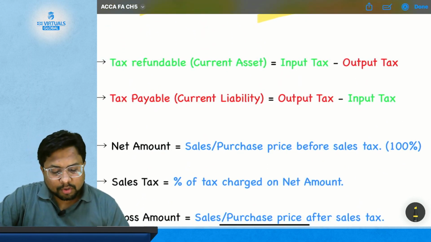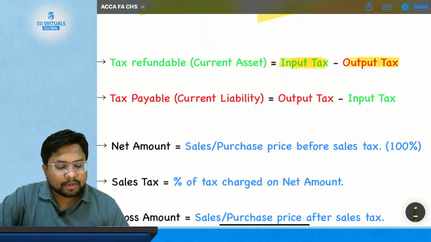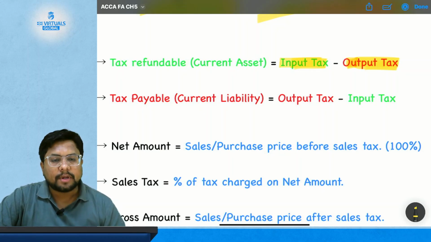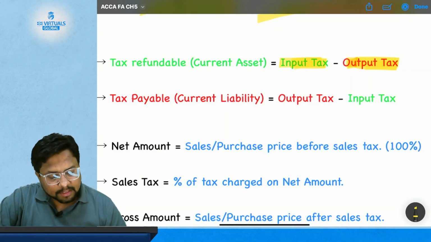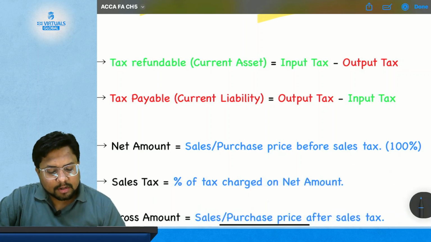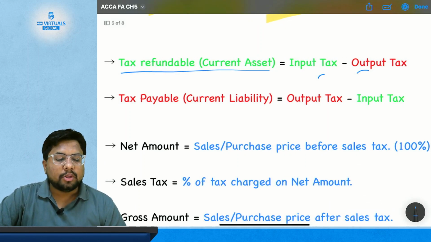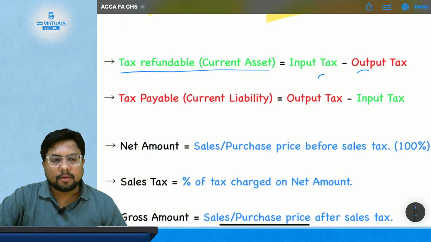Now, if your input tax minus output tax is positive, suppose your input tax is more than the output tax, so it becomes your tax refundable, that you need to take money from government because you have paid excess tax to the government.